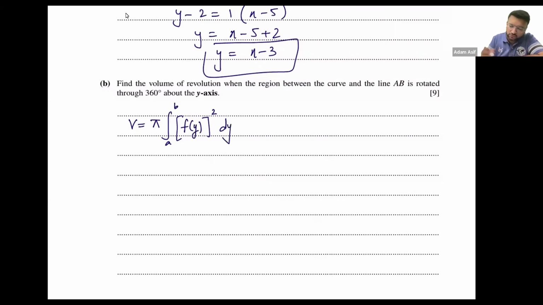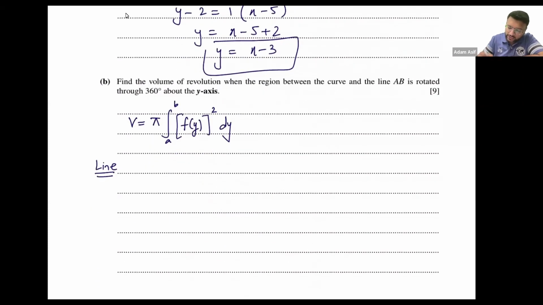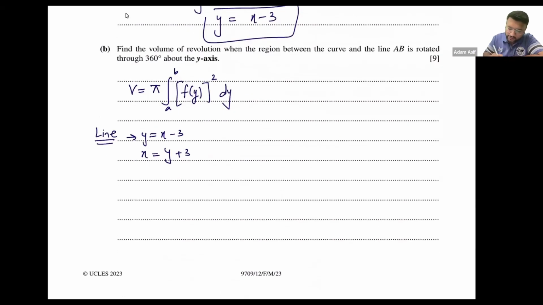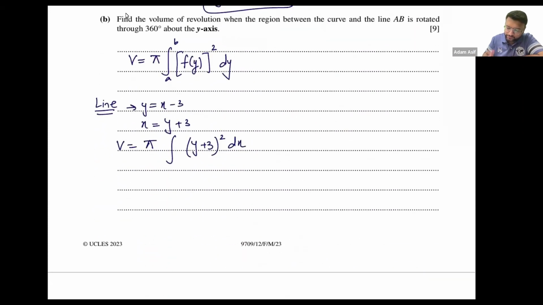Okay, so right now we are dealing with the line. First मैं वॉल्यूम फाइंड करूंगा लाइन का. अब लाइन की इक्वेशन क्या है? y equals x minus 3. So अगर लाइन की इक्वेशन है y equals x minus 3, so x would be equal to y plus 3. अब इसका वॉल्यूम निकालना है. pi times the integral of y plus 3, the whole thing squared, dy, लिमिट आ जाएगी from -1 to 2.